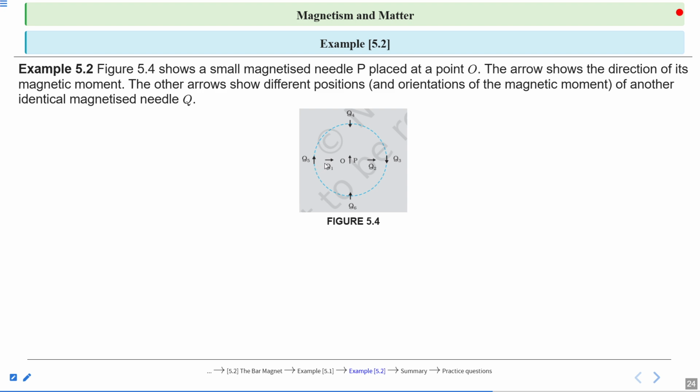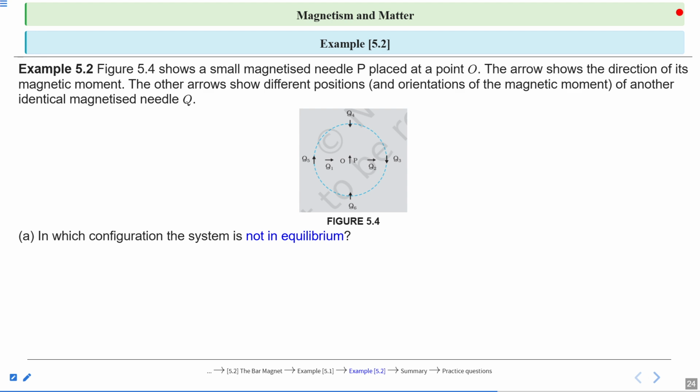What we have to find, the A part: in which configuration is the system not in equilibrium? Configuration means the configuration of P with the different other needles, like configuration PQ1, which is P and Q1. In configuration PQ6, it means we have to analyze only P and Q6, ignoring the other needles.